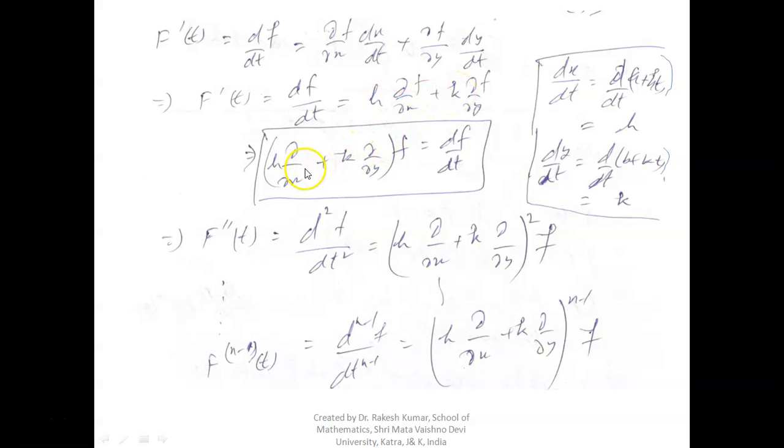Okay, so what I am getting is dF/dt equals h times ∂/∂x plus k times ∂/∂y of f. For the double derivative, just differentiating once more, I get this one of f.